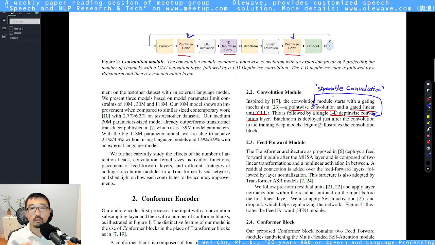Because I don't have time to go into details, all you have to remember is that the model gets smaller compared to using a full convolution.